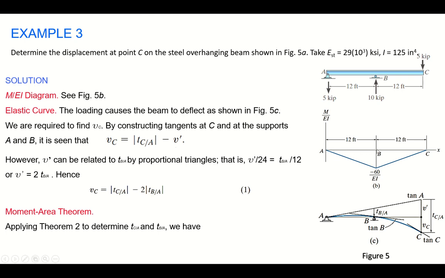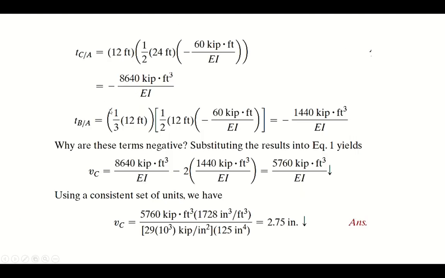But Tb by A is the moment of area of this triangle, and its resultant will act at 1/3 from the B, right? So the moment arm will be 1/3 of 12. This is 1/3 of this 12, right? And the area of the triangle is half into base into perpendicular. So here we get 1440.